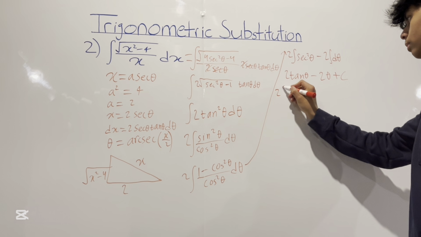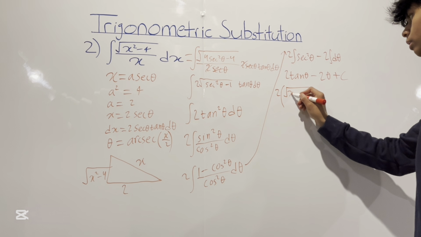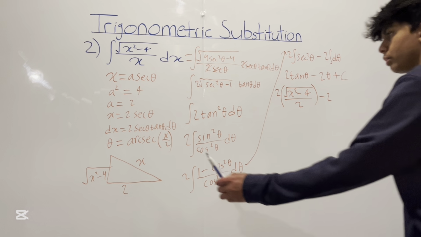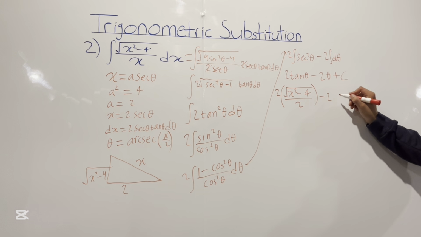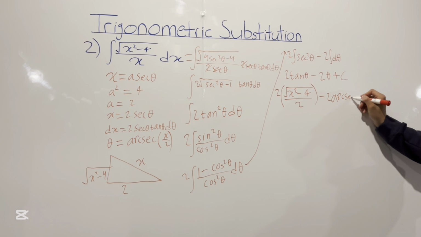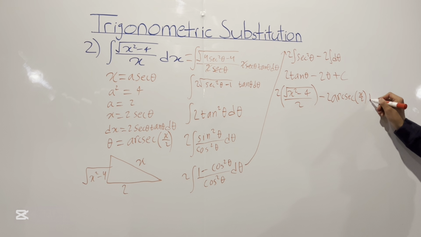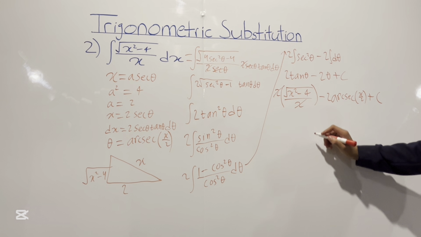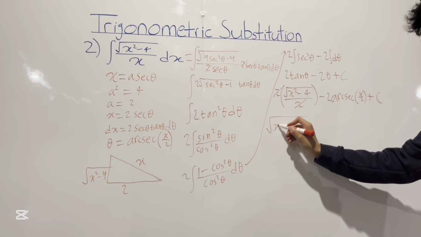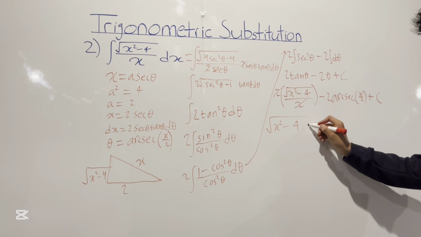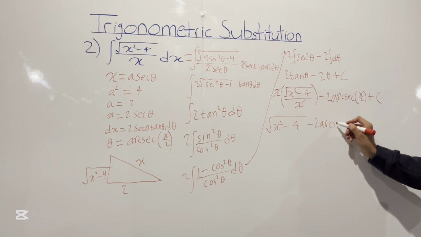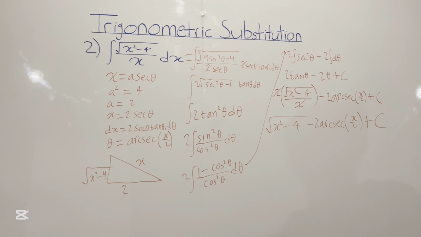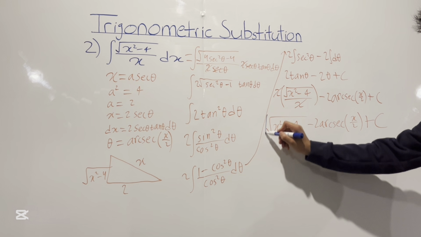So 2 multiplied by the square root of x squared minus 4 divided by 2, minus 2, and we said theta is arc secant of x over 2, so arc secant of x over 2 plus c. And the 2s can get cut off. So we're just left with the square root of x squared minus 4 minus 2 arc secant of x over 2 plus c. And this is going to be our final answer.